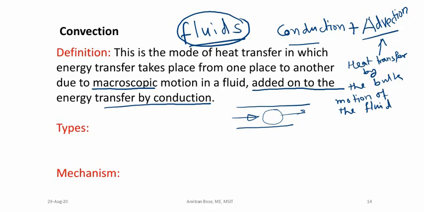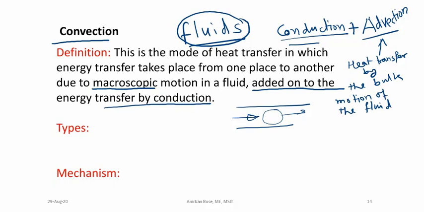And conduction, you already know, is because of the collisions at the microscopic level. In the case of fluids, conduction takes place. So the summation of these two, conduction and advection, is what is called convection.